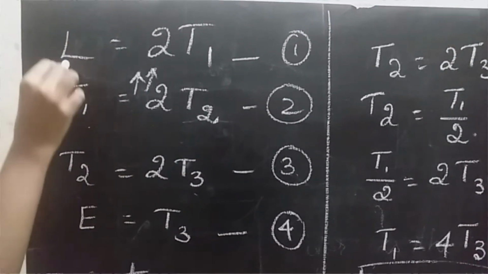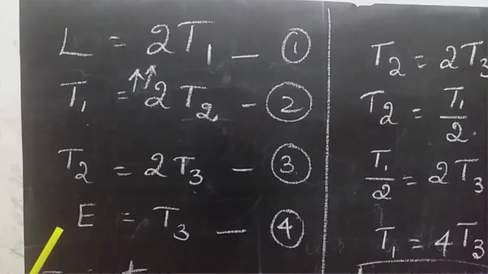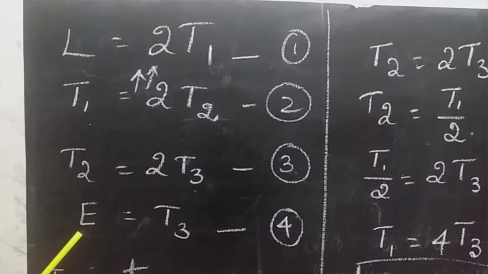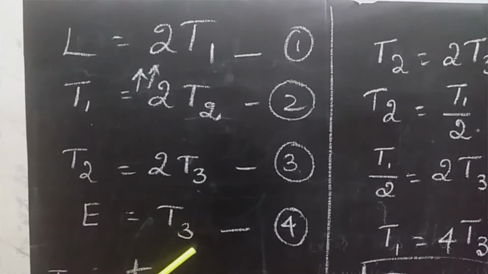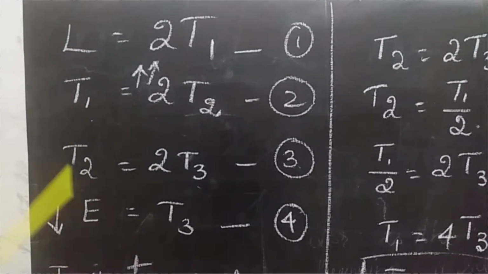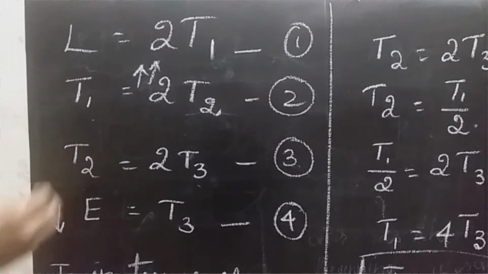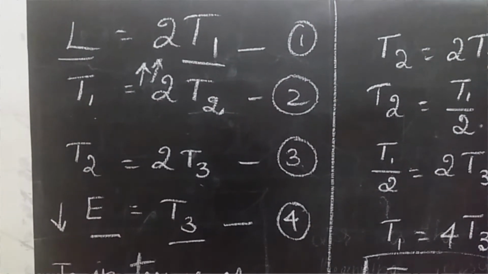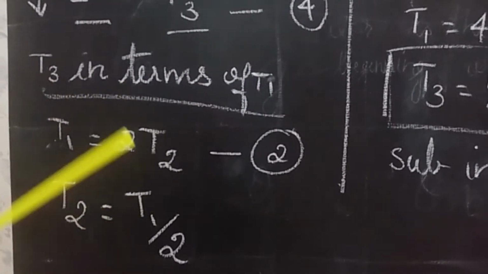So I can write L is equal to 2T1, T1 is equal to 2T2 and T2 is equal to 2T3. As I told you, we will consider only one T3 for effort, and it is acting in a downward direction. So these are the four equations which we have now. What we want is, we have L in terms of T1 and E in terms of T3. So we want T3 in terms of T1 so that we will be able to calculate the mechanical advantage.